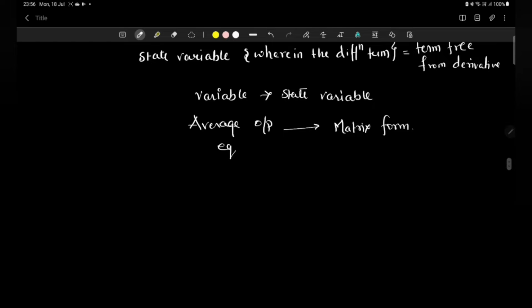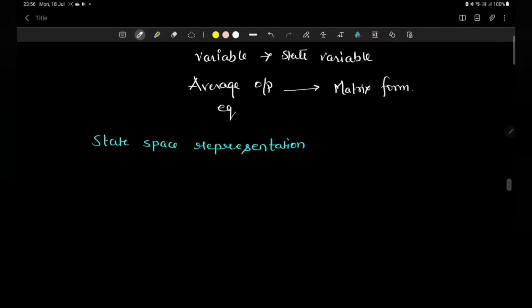Now next is state space representation. So what is state space representation? How are we representing the state space equation? Let me write the differential equation here.